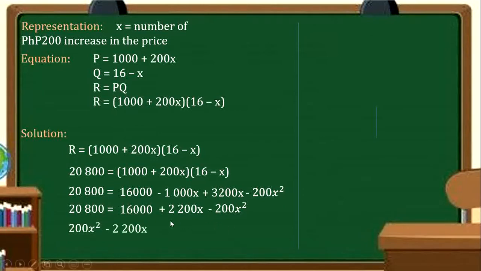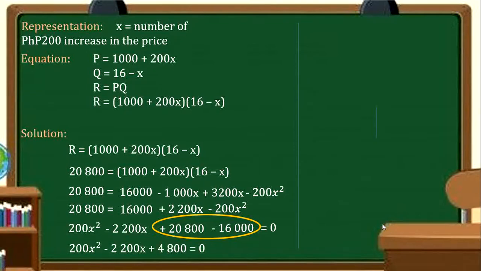So, transpose. So, magiging negative 2,200x. And then, 20,800 transpose 16,000. So, magiging negative 16,000 equals 0. And then, simplify. So, magiging 200x squared minus 2,200x plus 4,800 equals 0.